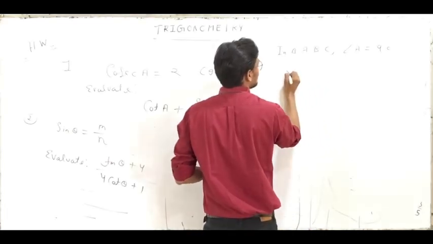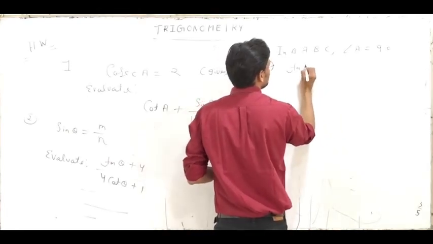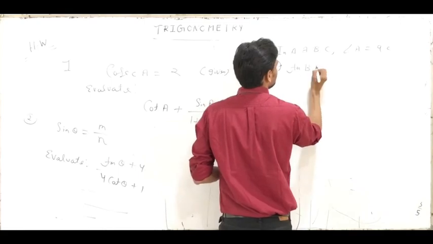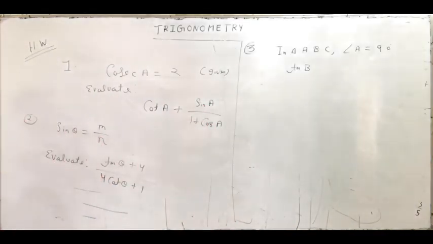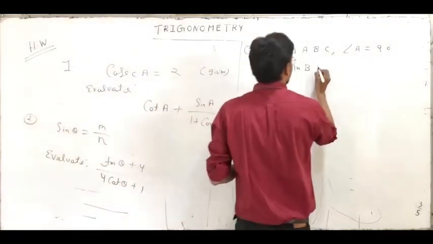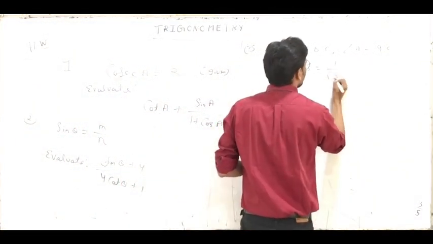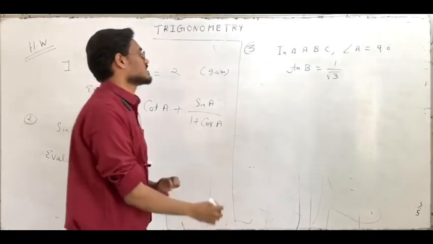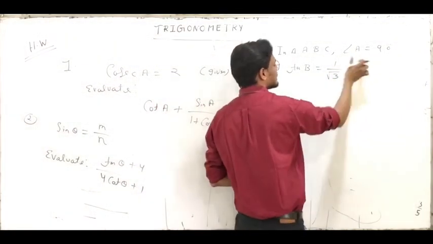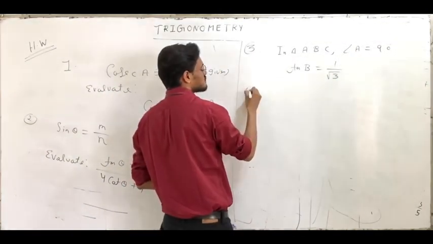And suppose you are given tan B as 1 by root 3. Okay, angle A is 90 degree and you are given tan B as 1 by root 3.